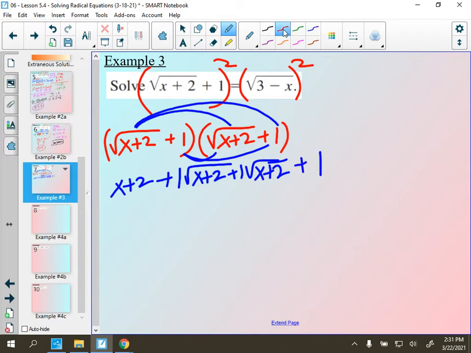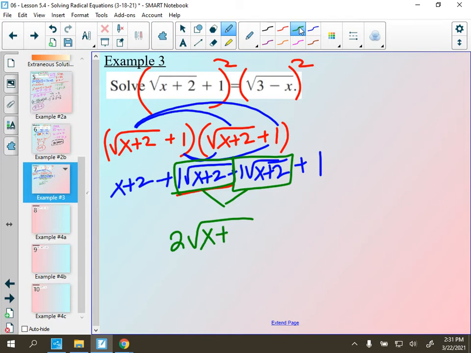Now let's see here. What do we got? Combining some like stuff. These are actually what you would consider like terms, where, like we talked about in earlier sections, these are like radicals, the square root of x plus 2. So those get put together just like in a regular FOIL situation where there's two of them: 2 times the square root of x plus 2. Now I've got a couple other things to combine here.